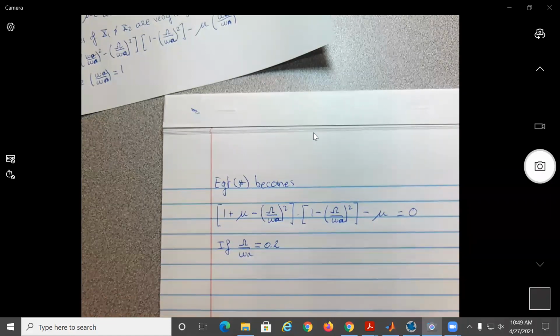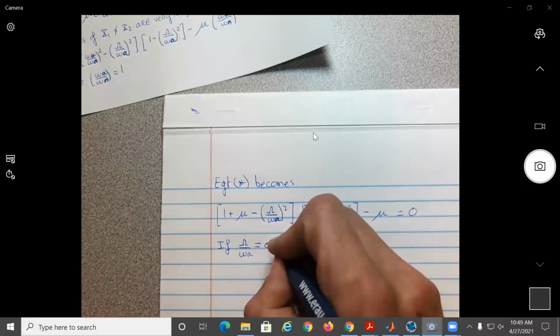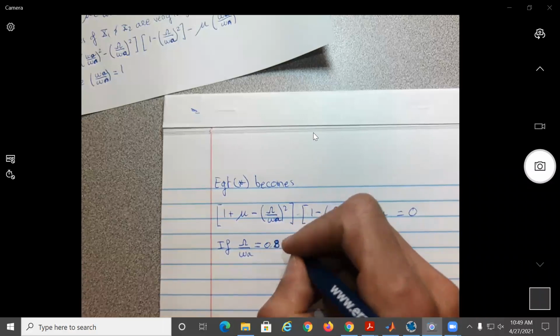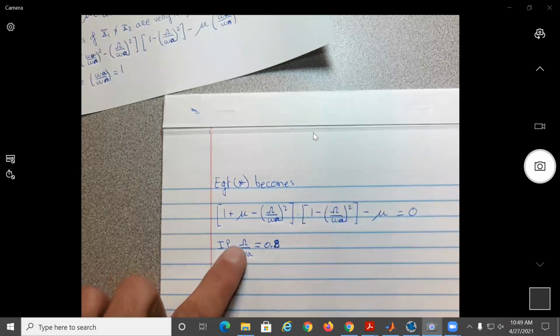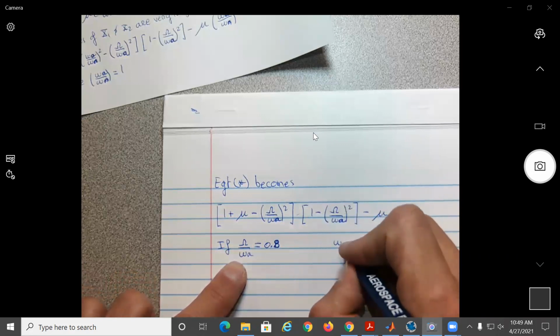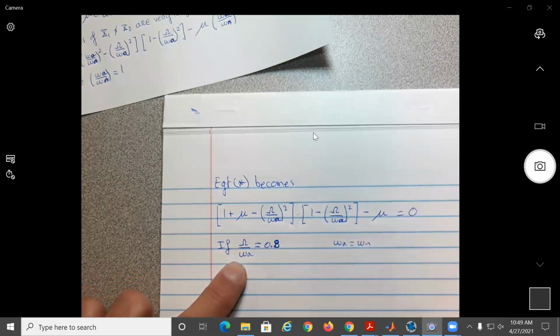What it means is that the ratio needs to be at least 0.8 instead of 0.2. This frequency, capital omega, needs to be 20% away from the natural frequency of the absorber, no? Because what did we assume? This, no? Yeah.